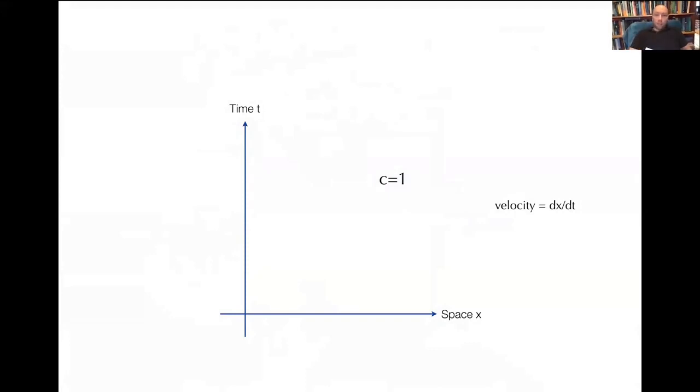We use these space-time diagrams. So we have space going across the x-axis, and then t is going up the slide on that t-axis. The speed of light, well, velocity is represented by this red line here. Velocity, remember, is just a rate of change in position with respect to time.